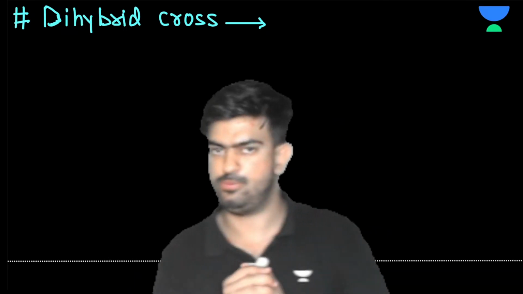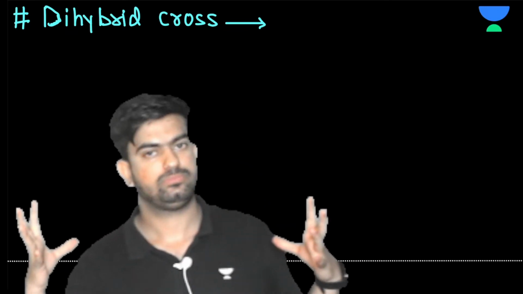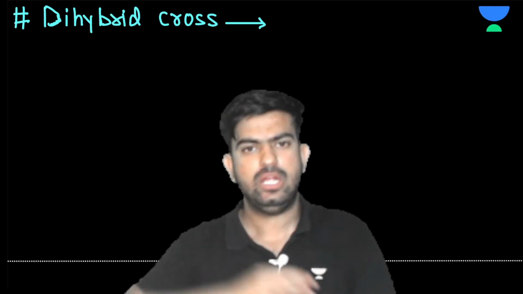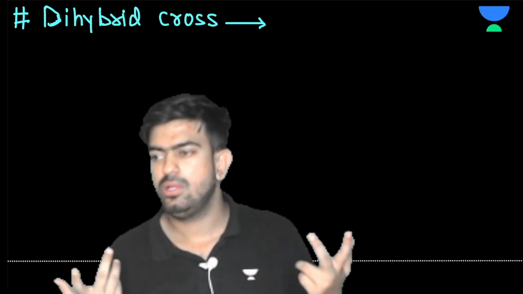Okay, let's suppose that you are going to study a dihybrid cross on me. You see that my hair color is black and my eye color is, let's suppose, black.